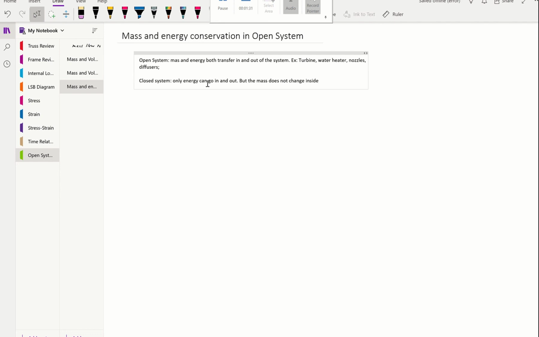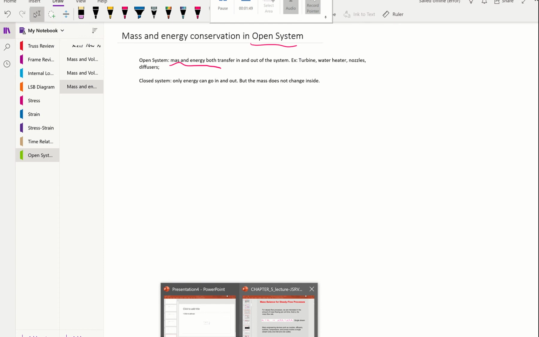However, what we are talking about here is the open system. So we're going to have mass coming in and also energy coming in and out. In order to learn this concept, I would like to invite you to look at the PowerPoint.